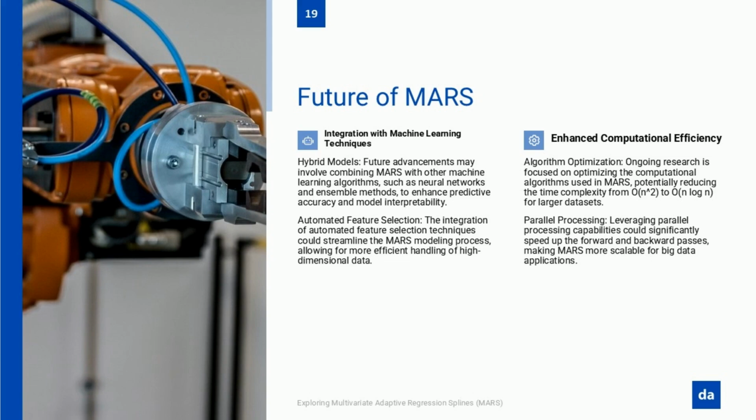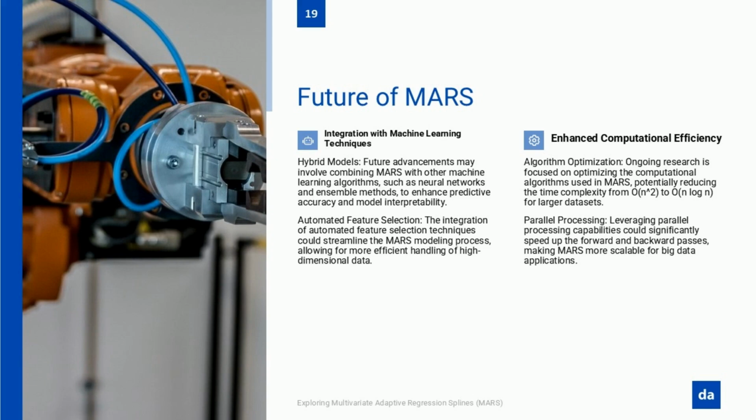MARS provides interpretability and structure, while deep learning and ensemble techniques enhance predictive power. This approach is particularly promising in applications like healthcare and finance, where understanding the why behind predictions is just as important as accuracy.